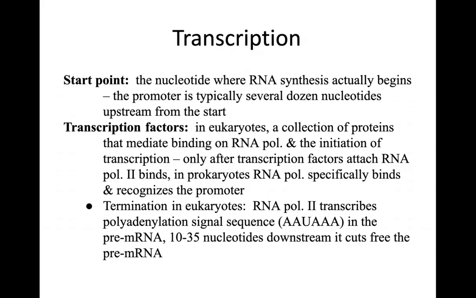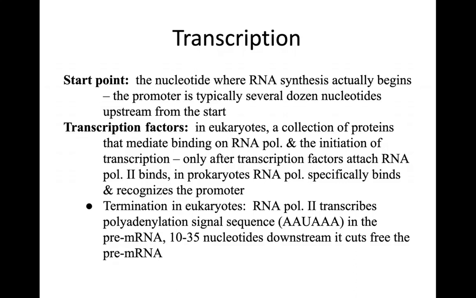You need the RNA polymerase in order to make the RNA. So with this, you'll have the initiation of transcription. This only happens after the transcription factors attach to the RNA polymerase and it binds. The process is a little bit different in prokaryotes, which we are not going to worry about right now.